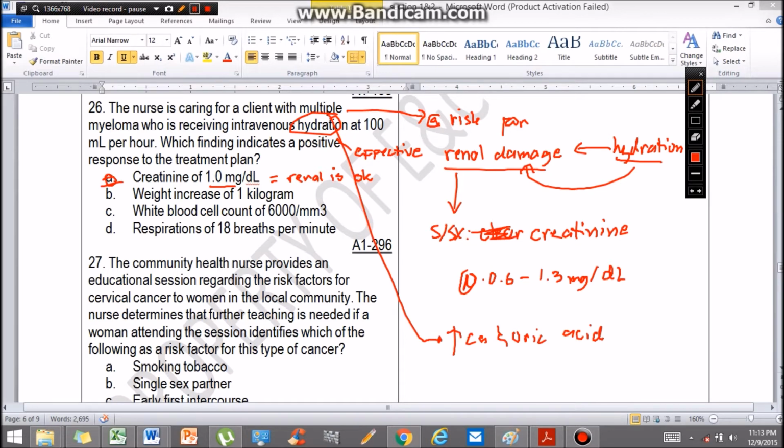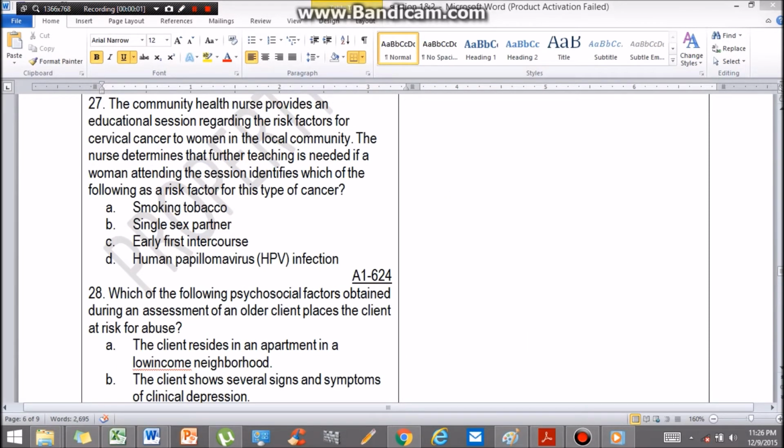Next, number 27. The community health nurse provides an educational session regarding the risk factors for cervical cancer to women in the local community. The nurse determines that further teaching is needed if a woman attending the session identifies which of the following as a risk factor for this type of cancer.